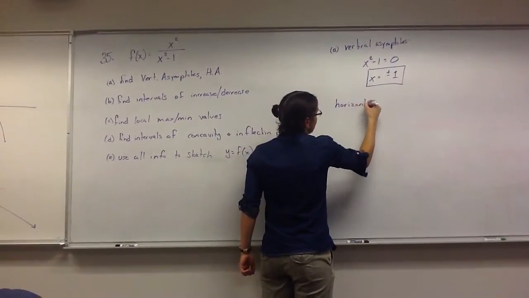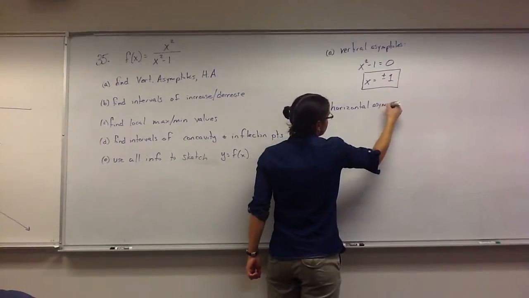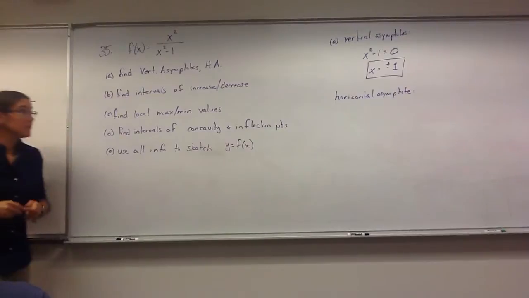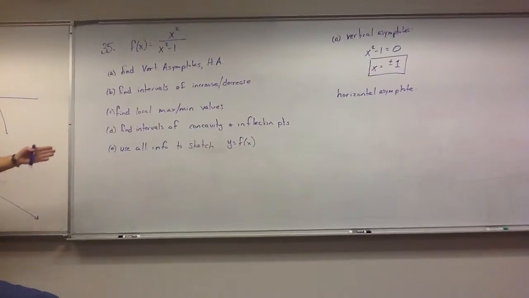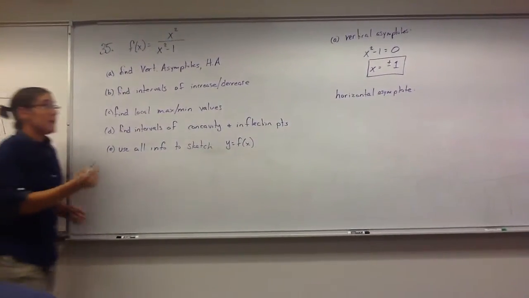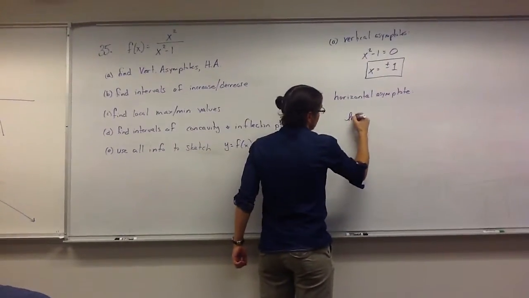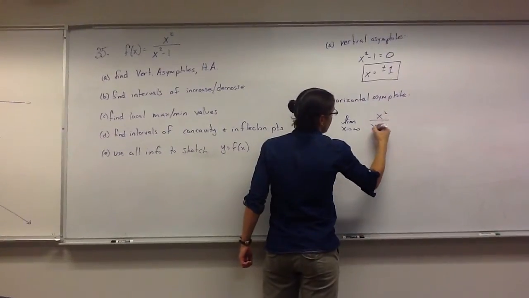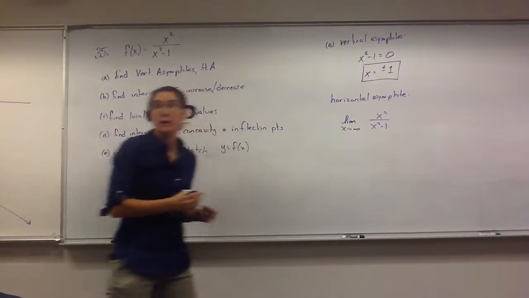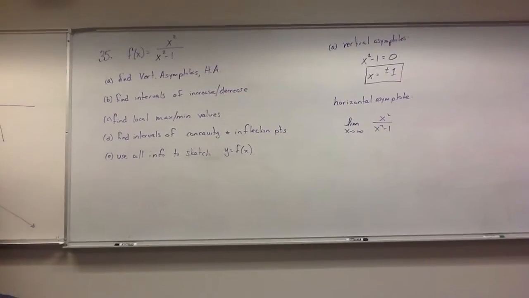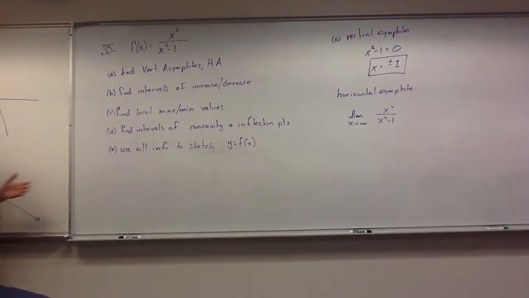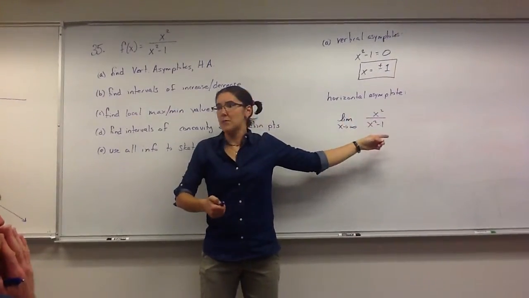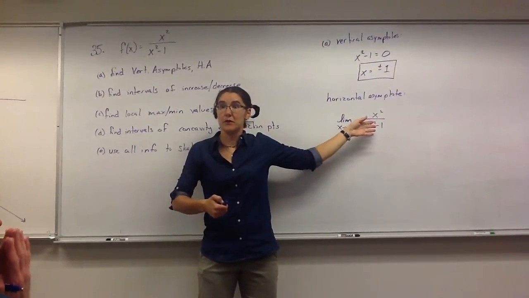For the horizontal asymptote, we want to figure out what happens to our function as x gets really big and as x gets very small. To find the horizontal asymptote, what we're calculating is the limit as x goes to infinity of x squared over x squared minus 1. The long route is to divide the top and the bottom by x squared and do the algebra to finish this out.